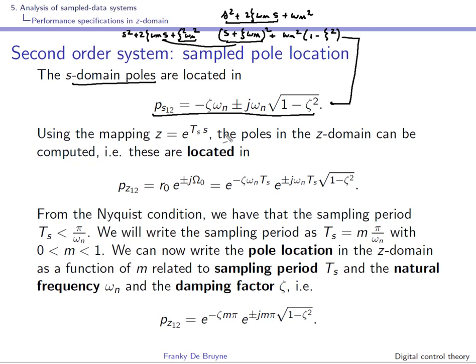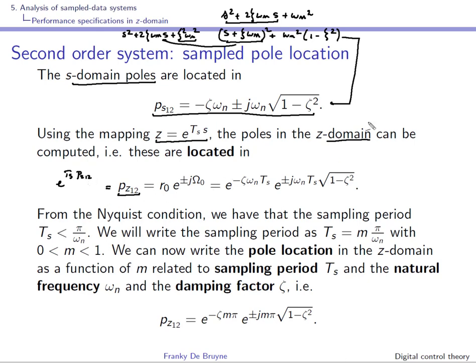You remember that the link between the Z domain and the S domain is obtained by this relation over here. So these poles in the Z domain are obtained by the exponential of Ts, and then I take the poles in the S domain, right?